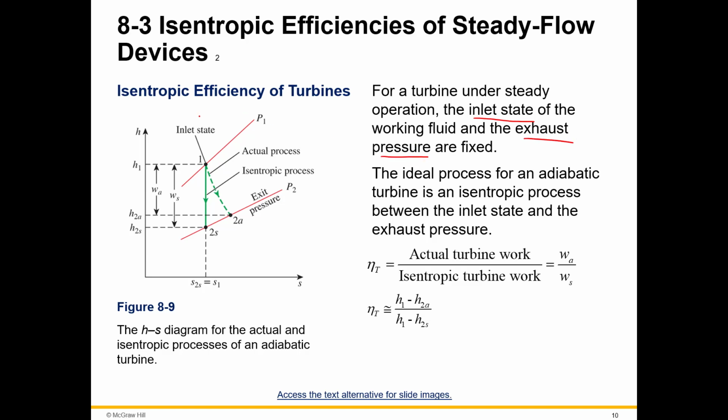Okay? So this is fixed and this is fixed. And you see that on the red line, P2 and P1. The ideal process of an adiabatic turbine is an isentropic process between the inlet state and the exhaust pressure. And so you see that green line. It's the ideal. Right here. And you have that efficiency noted here.